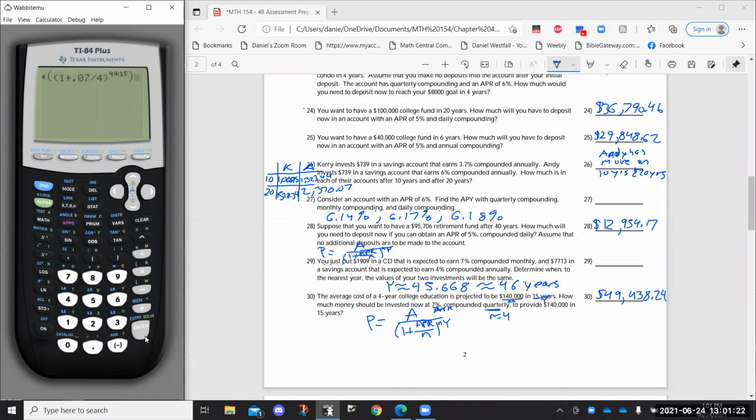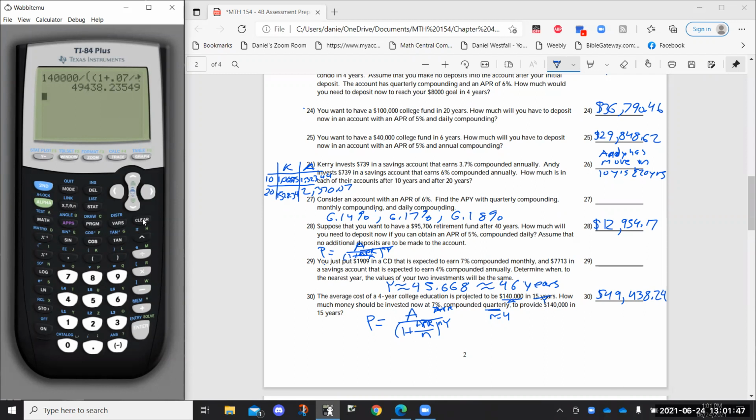Close my parentheses for my denominator. And okay, well, I rounded up there. But if this number was a 4, let's say, then would I really only want to put in, up to 23 cents? No, because then I would have less than the $140,000 that I would want. I would always want to round up in that kind of a situation, right?